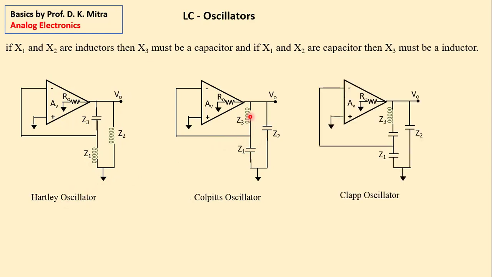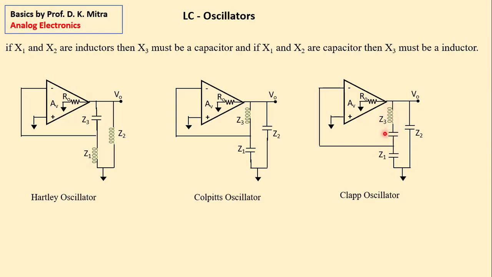There is a third type mentioned in your syllabus, which is called Clapp oscillator, which is a slight variation of Colpitts oscillator. X1 and X2 are both still capacitors, but X3 is a tank circuit, a resonant circuit, which is a combination of inductor and capacitor, but the addition of their impedances will be positive.